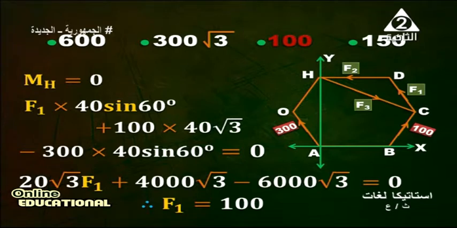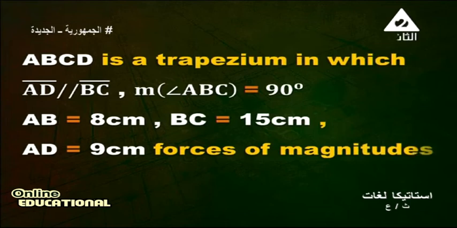To cancel F1 and F3. What is the value of F3? To find the value of F3, we calculate the moment about point D. Remember, my dear student, this example is very important to calculate the force of each of the three forces F1, F2, and F3. Now we translate to another example.